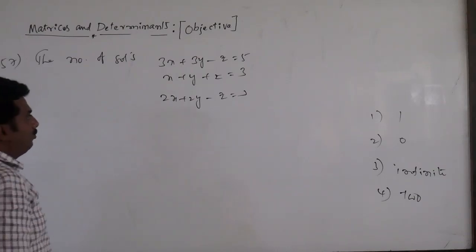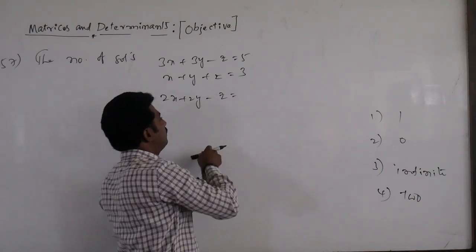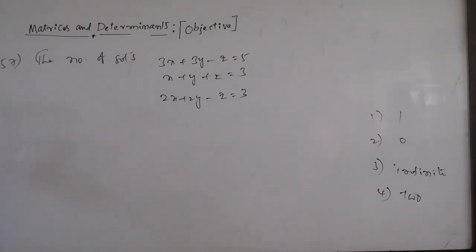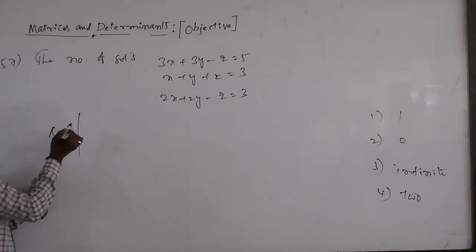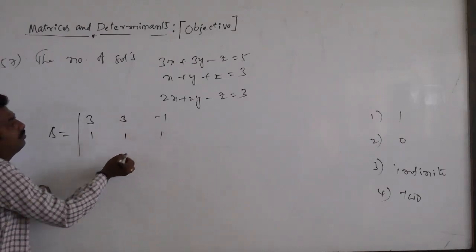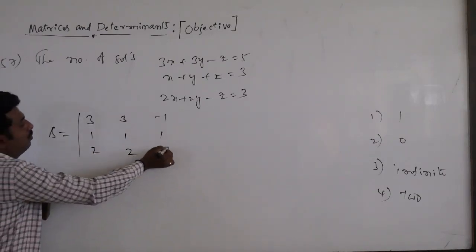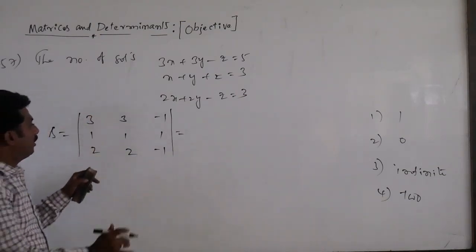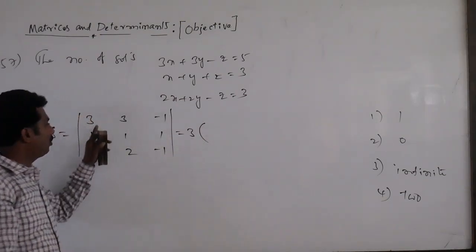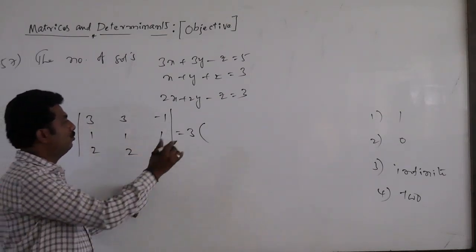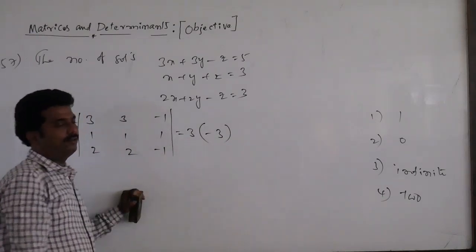So we have to follow the previous algorithm. First we have to calculate delta. Delta is the determinant with rows 3, 3, minus 1; 1, 1, 1; 2, 2, minus 1. Expanding, 3 into, close this column and this row: minus 1, minus 2, it will be minus 3.